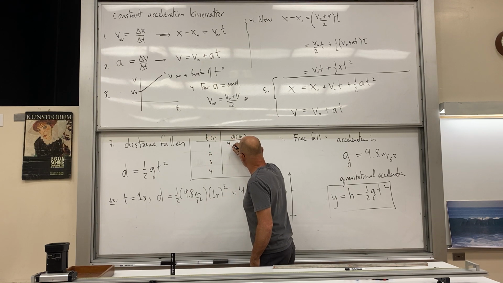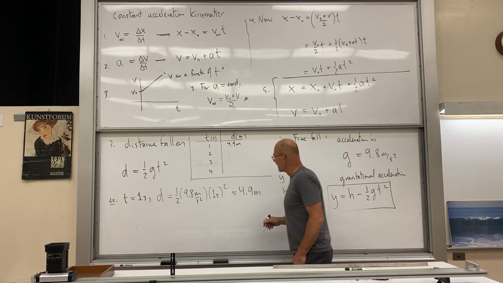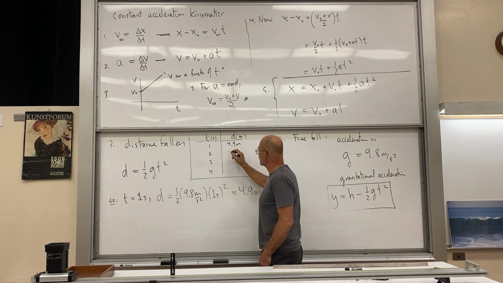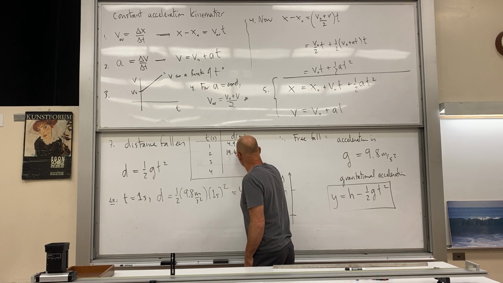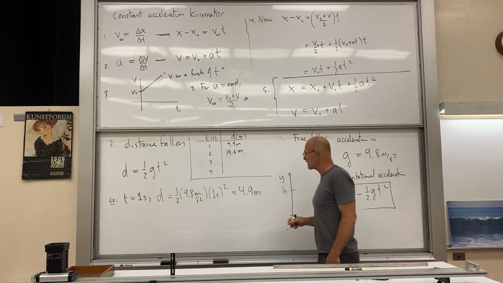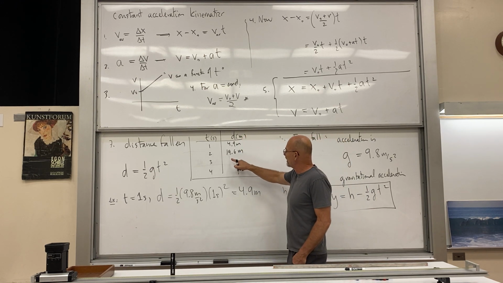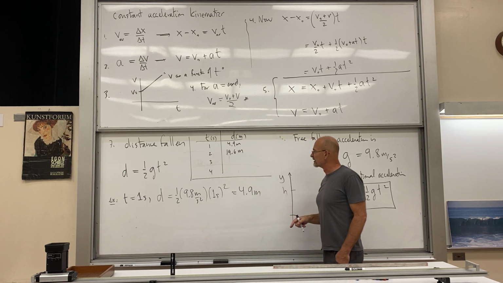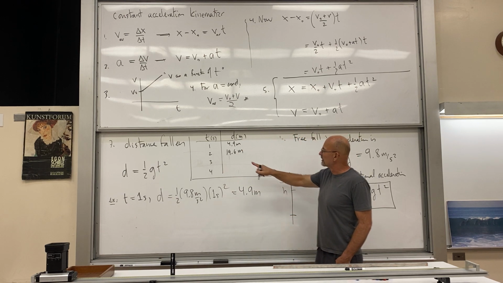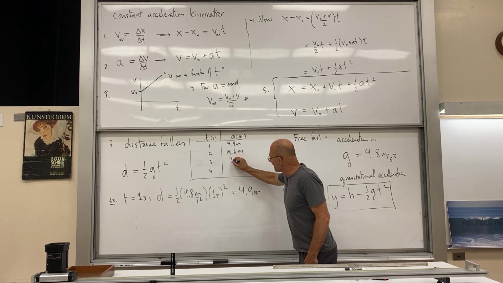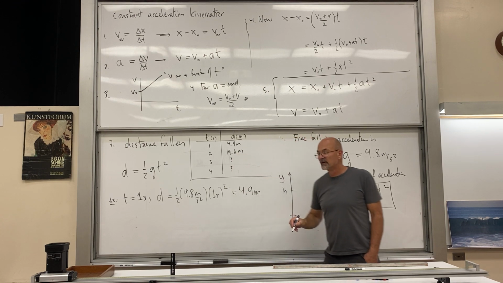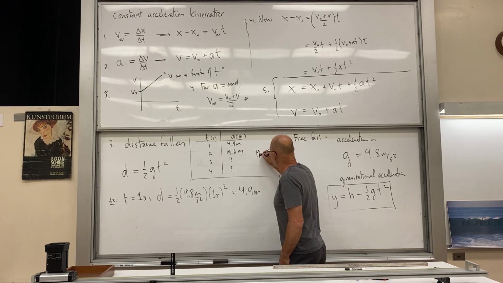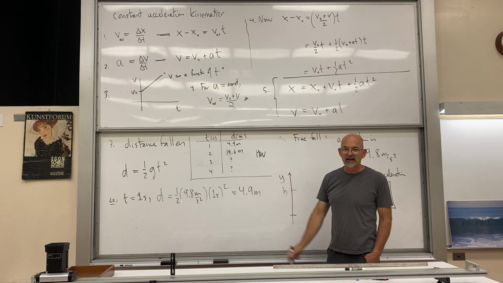We've got the 4.9 meters, and so 2 squared is going to be 4, so that's 19.6 meters. 3 is going to be 9 times 4.9, and 4 is going to be 16 times 4.9. So go ahead and calculate these out. I'll just write homework here, but complete the table. You can even do 5 seconds as well.